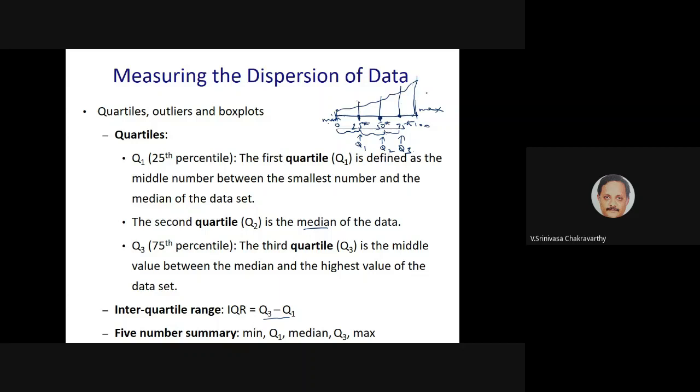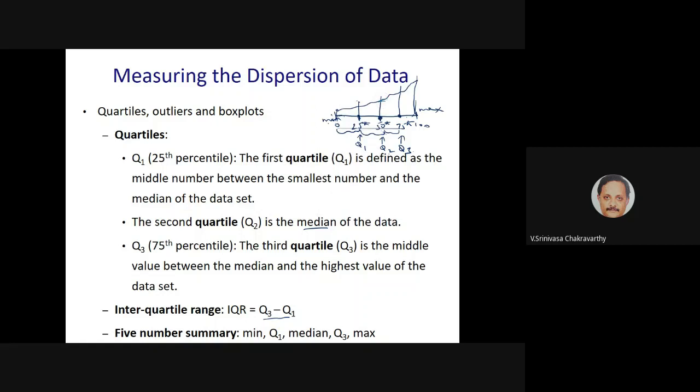Now let's say it has n values, say 100 values. Take the 25th point, then the 50th point and the 75th point, and the last point, the 100th point. The 25th point is called the first quartile or Q1. The 50th point is the second quartile, which is basically the same as the median.